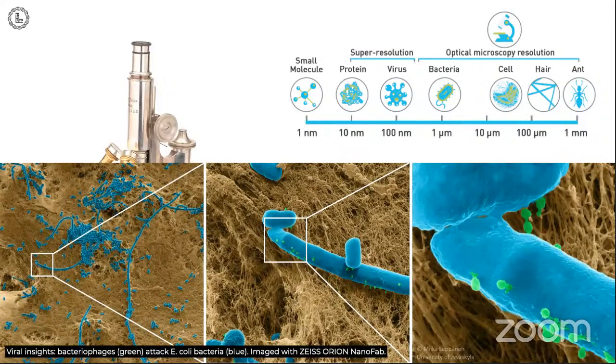Here we see a super high resolution image achieved with helium ion technology that shows the process of bacteriophages, in green, attacking the E. coli bacteria, which is in blue. You can see that these bacteria are covering the surface unevenly. They are of different shapes and sizes, and they constantly interact with other types of bacteria, but also viruses.